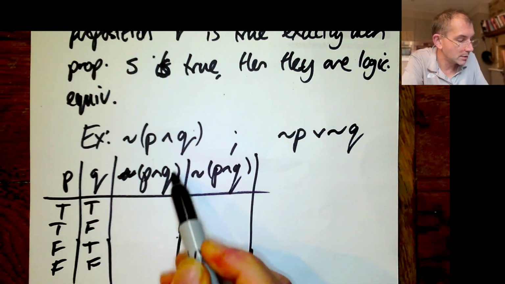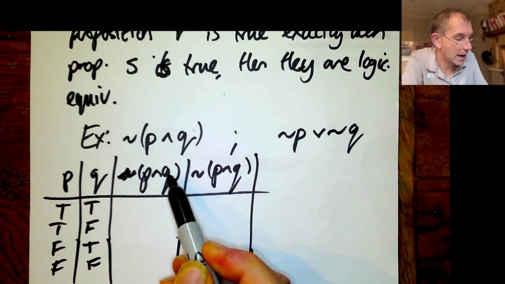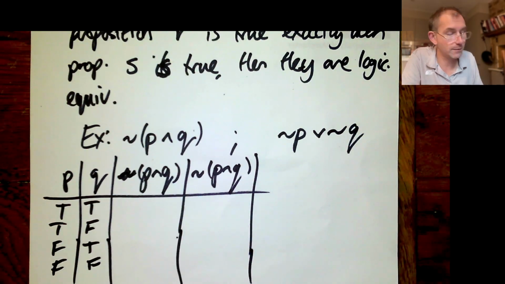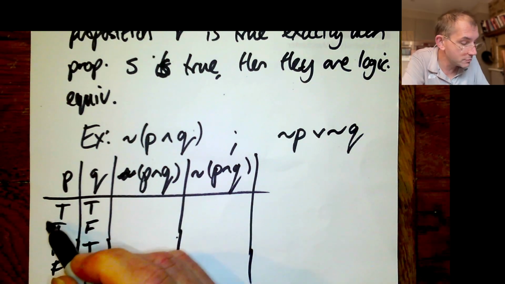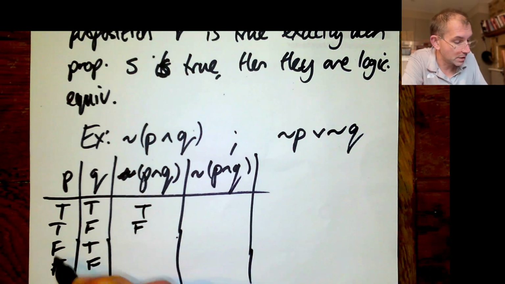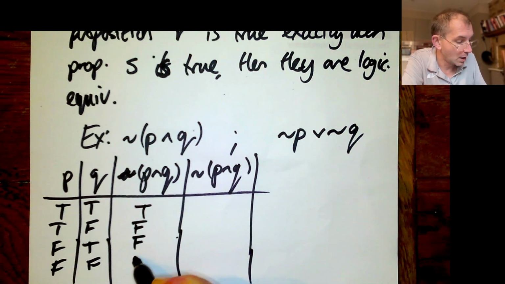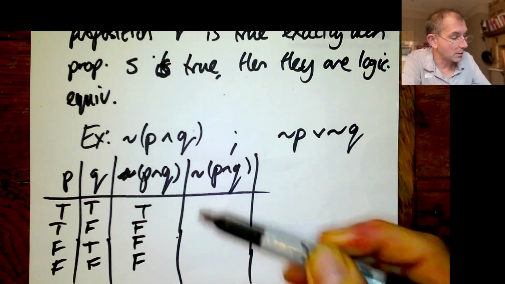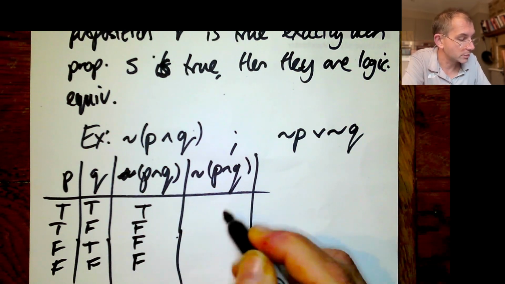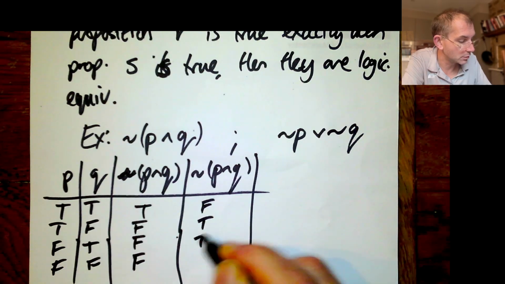And here, these are true. This is this and this. So it's only true whenever both of them are true. But it is there. And then all of the rest of them, it is false. And then if I want to take the not of that, then I just have to reverse all these. So false, true, true, true.